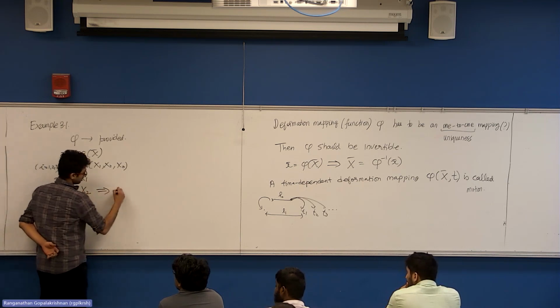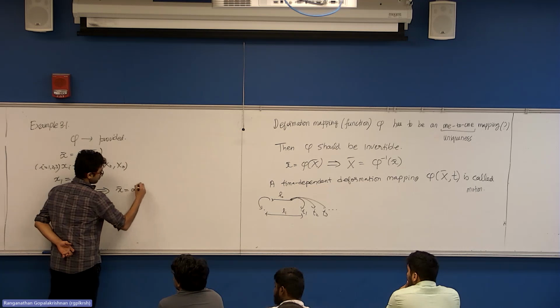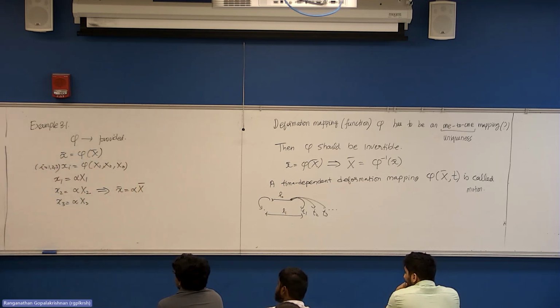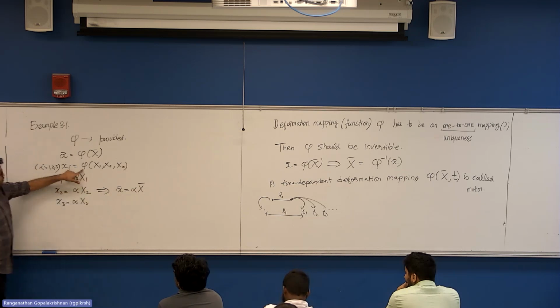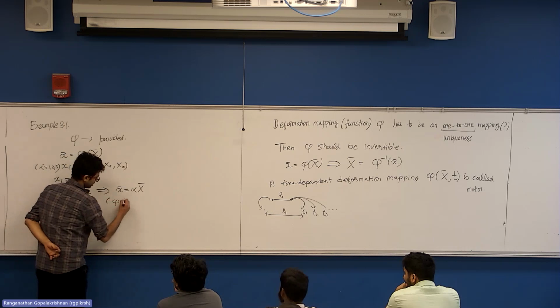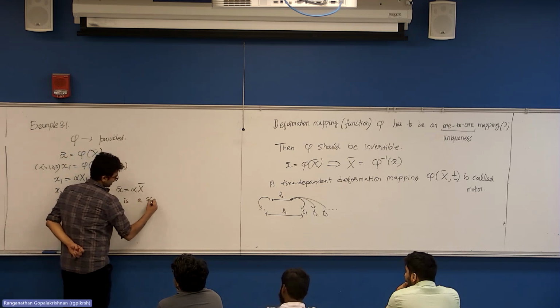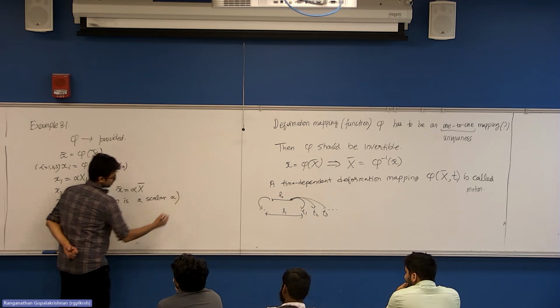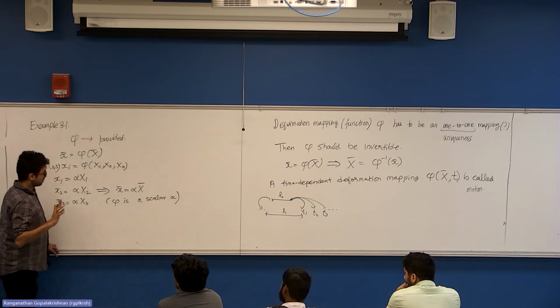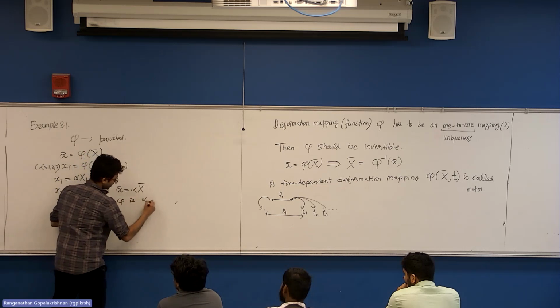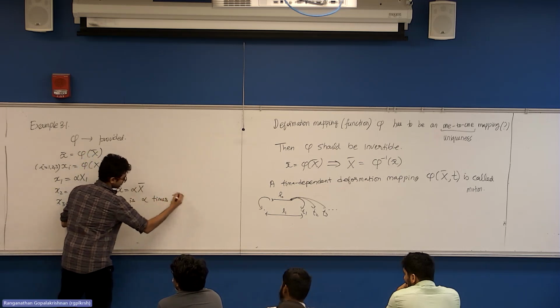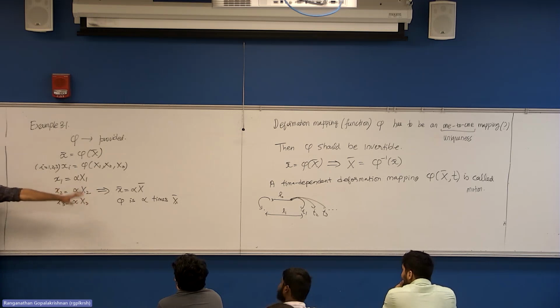This is like writing x equal to alpha X. So your deformation mapping here is just a constant. What we wrote as phi of X in a very general form, in this case, phi is alpha times X. It could be more complicated, but it just happens to be a very simple formula, alpha times X.